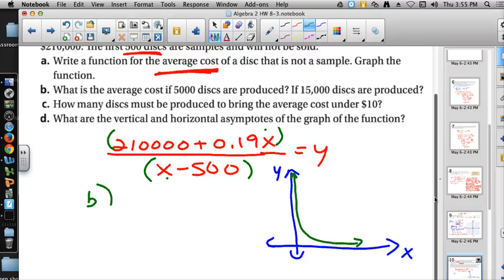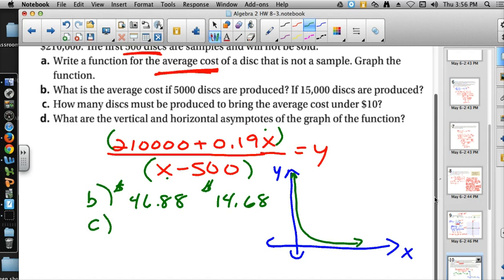So you're changing your X values for that. And that one comes out to $46.88 if you produce 5,000 discs, and then $14.68, a big difference, if you produce 15,000 discs.